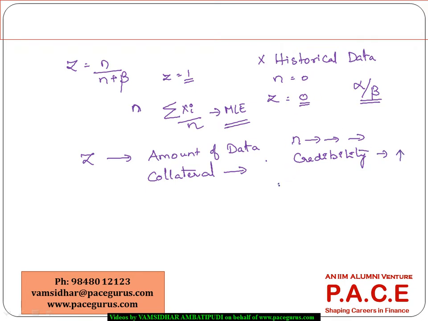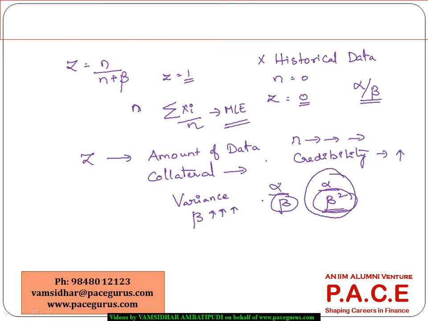And as we know, for the prior distribution, the mean is alpha by beta, the variance is alpha by beta squared. So beta is going to reflect the variance heavily, right? If beta is higher and higher, what we see is the variance of the estimate is going much lesser.